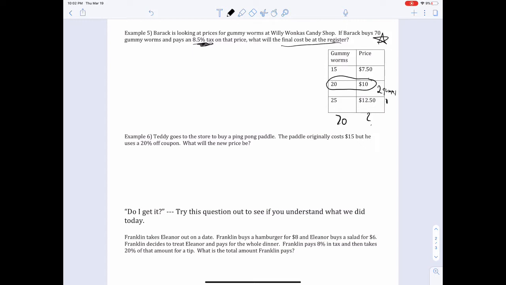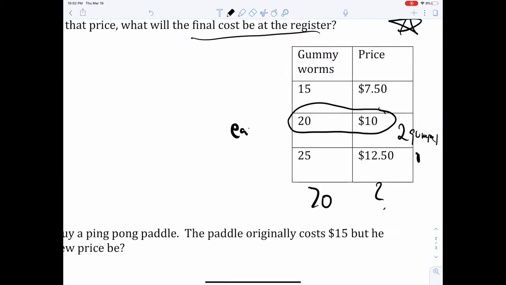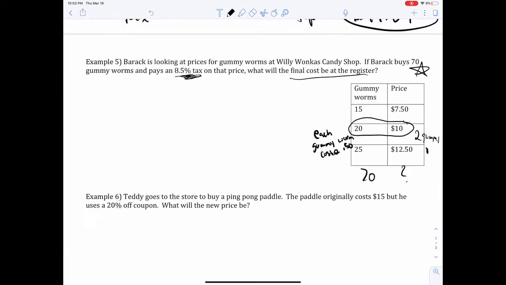So each gummy worm costs 50 cents. That's the unit rate, if you remember. So we know that 70 gummy worms, if each one is 50 cents, well, you could times it by 0.5. You should get $35 for 70 gummy worms.